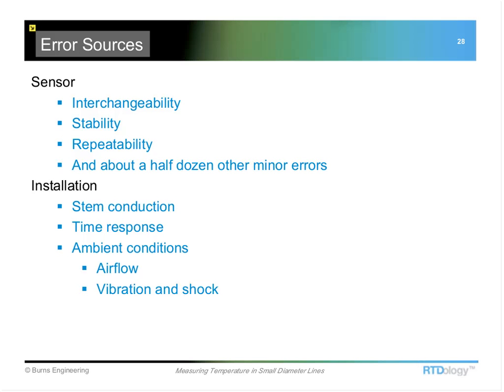The solution was just to redirect the fan so it wasn't blowing on that sensor location. So ambient conditions affect accuracy, and things like sunshine, a radiation error, can be another potential error source.